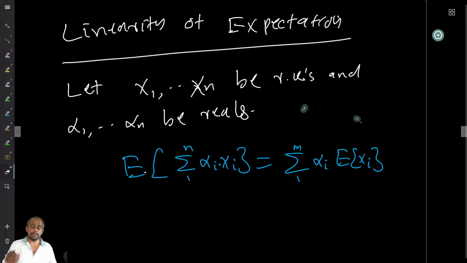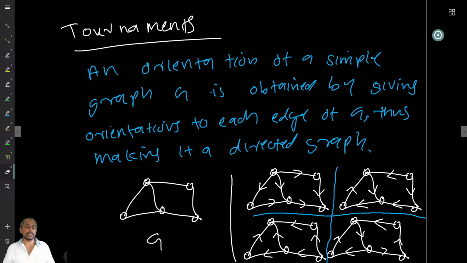Okay, so let us take some example now. You might remember a directed graph, where the edges have directions, right? Usually in directed graphs, you allow edges from A to B and also from B to A, directed in both ways.